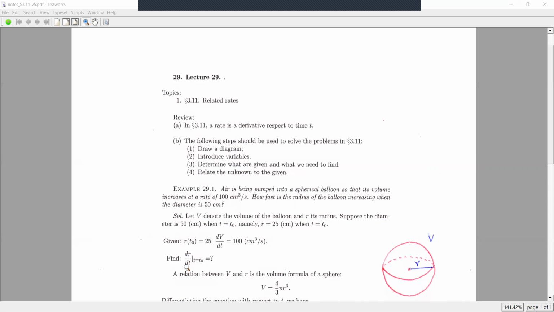The derivative of the radius is the instantaneous rate of change of the radius at a general time t. After the derivative is computed, evaluate the derivative at the time t0 to get the rate of change of the radius at the instant when the diameter is 50 cm.